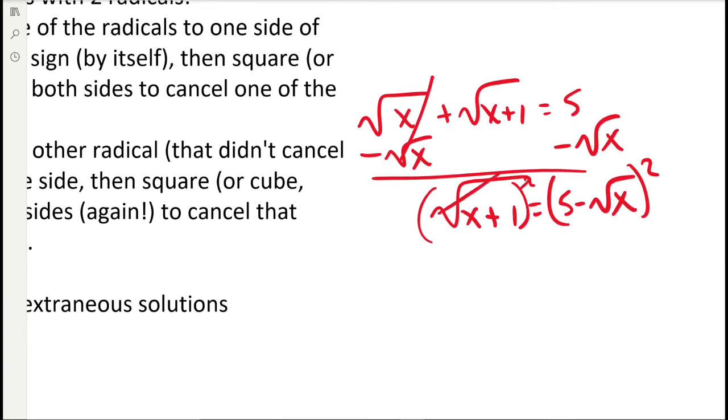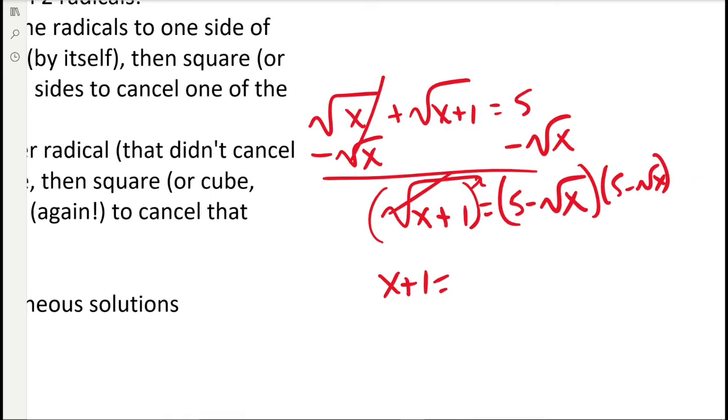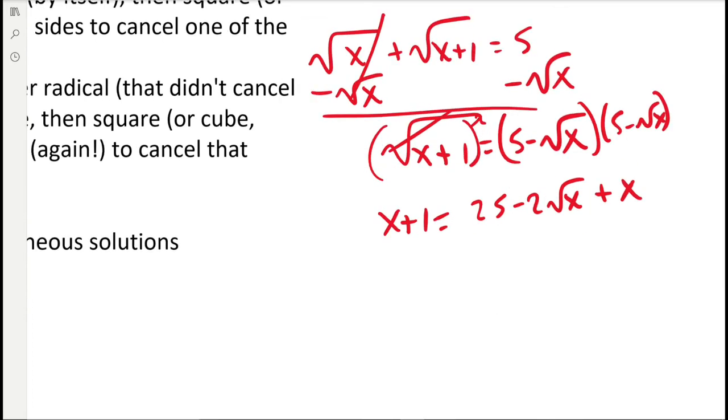So this cancels out. So that gets rid of that. Now this radical will not cancel out because we're squaring. We're actually FOILing this, right? So I can write this out as a FOIL, which means it won't cancel out. So if I FOIL this, I get 25 minus 2 radical x plus x. I know I did that pretty quickly, but I'm just doing this to get the point across.